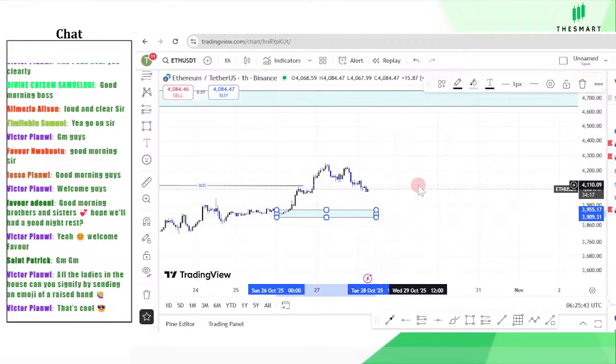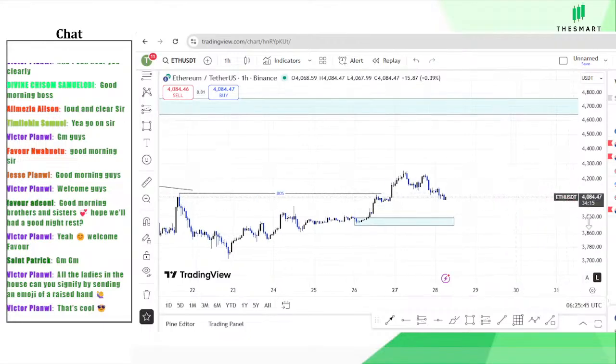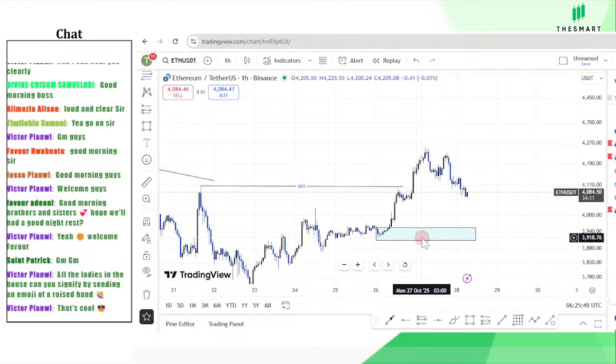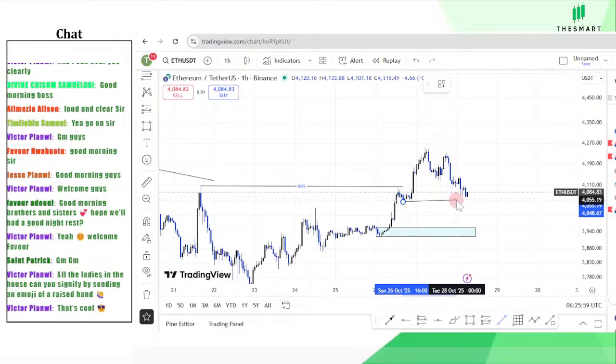So this is what we have on this 1 hour zone. Looking at the price action from 1 hour, we have this demand here, and this zone is our inducement.